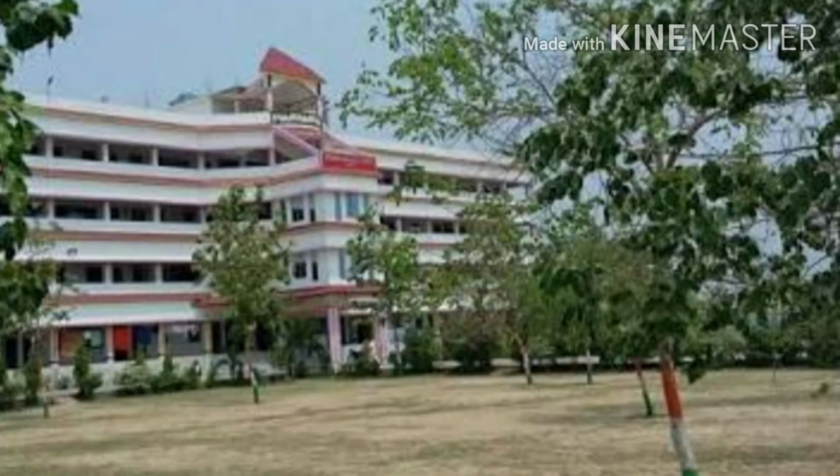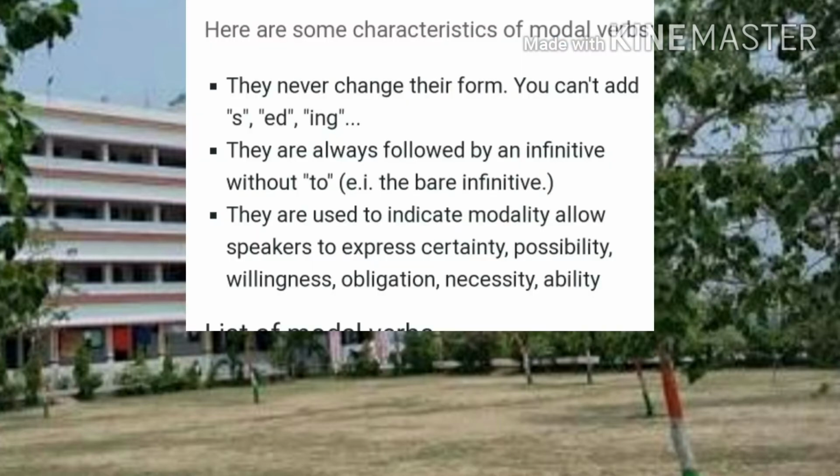Now here are some characteristics of modal verbs. They never change their forms. You can't add s, ed or ing. They are always followed by an infinitive without to. That is, without to, what type of infinitive it is?